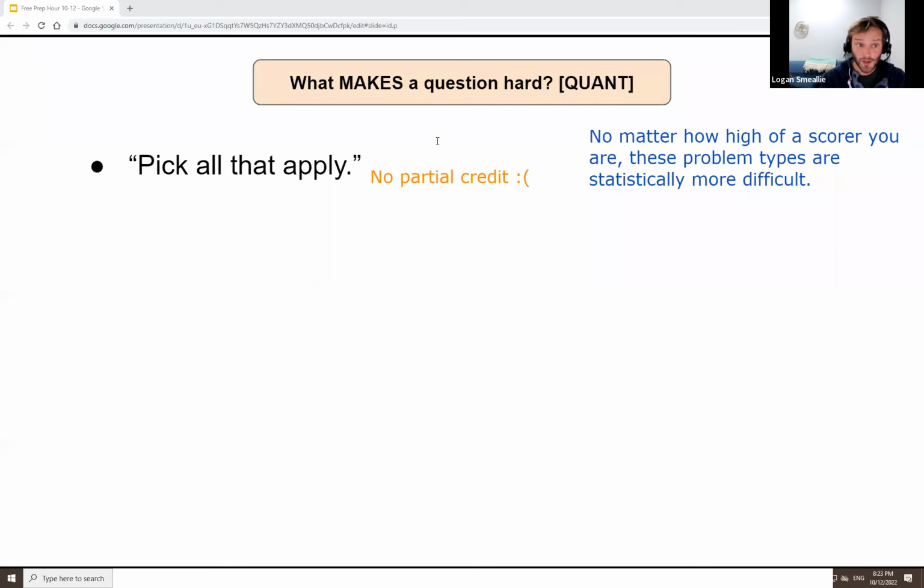You have to test every single answer and decide yes or no. And that means way more chances to get one of the answer choices wrong. And because they don't give partial credit, you either get the full question right or wrong. Anytime you have to submit multiple answers, it's going to be harder.